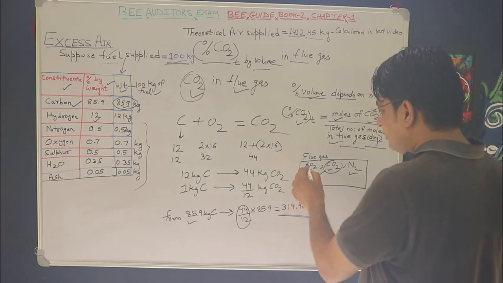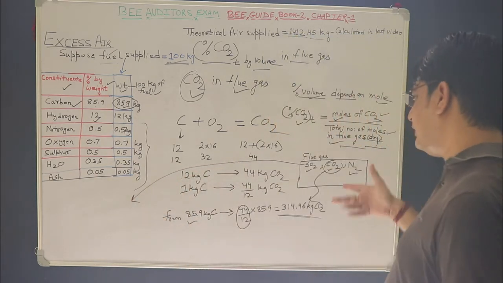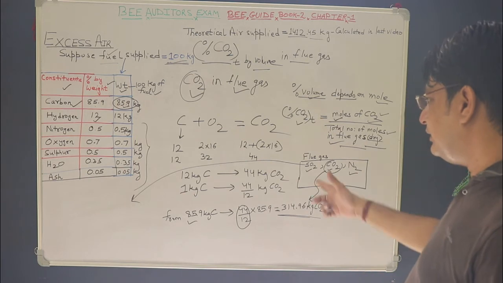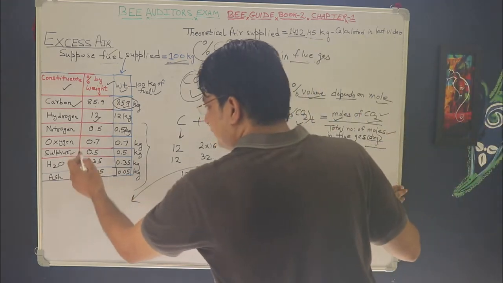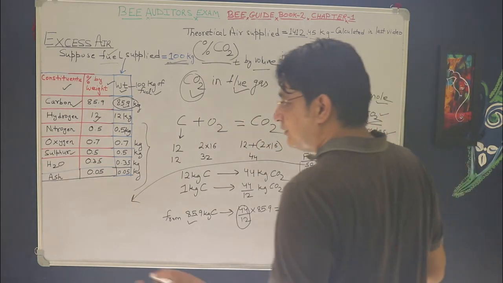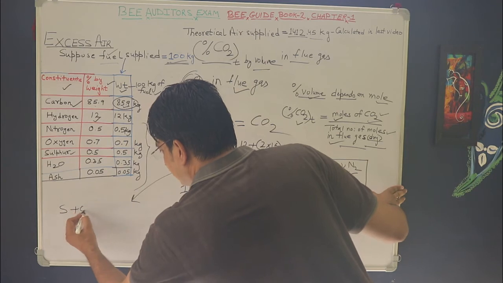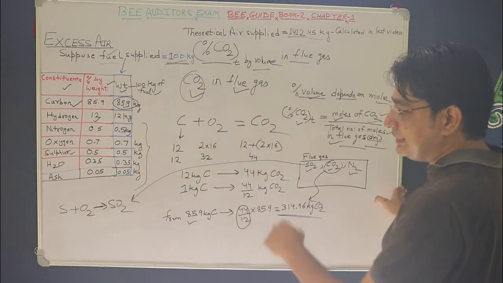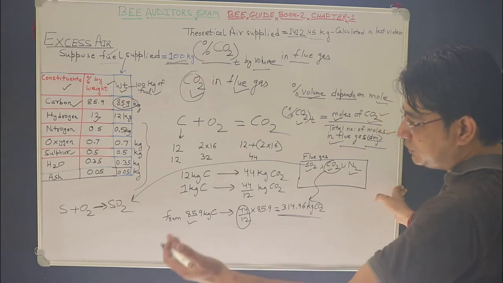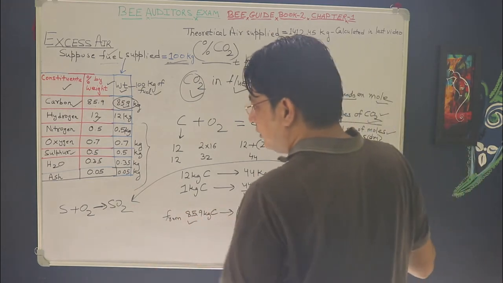Now we need to calculate the SO2 that will be formed in the flue gas. It is very much clear that the SO2 will be formed because of the sulfur that is present in the fuel, and the combustion reaction involved for the sulfur is S plus O2 gives SO2. And if you can see, it is a balanced chemical equation because the constituents on the left and right side of this equation are equal.